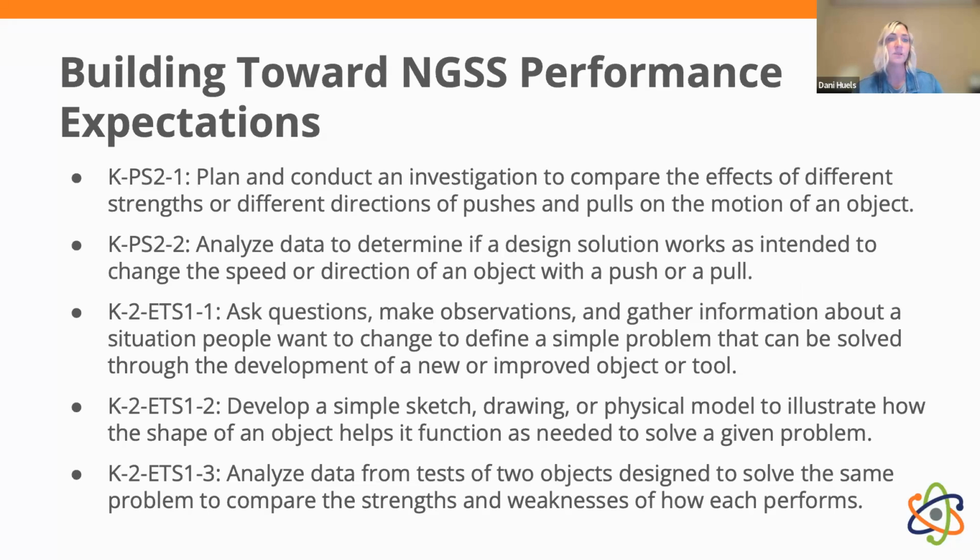ETS1-2: develop a simple sketch, drawing, or physical model to illustrate how the shape of an object helps its function as needed to solve a given problem. And then ETS1-3: analyze data from tests of two objects designed to solve the same problem to compare the strengths and weaknesses of how each performs.